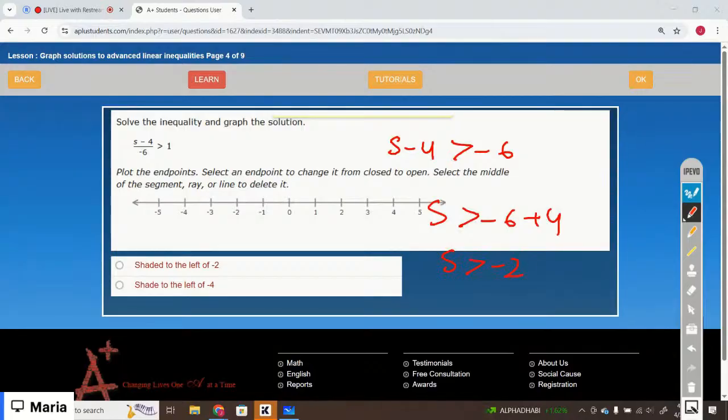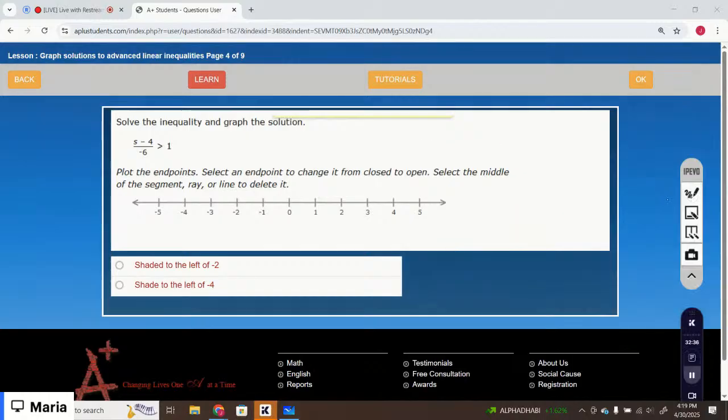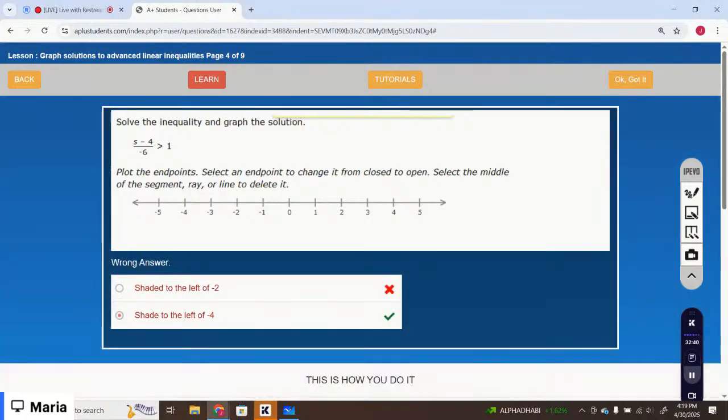S is greater than negative 2. Shade to the left of negative 2. Option number 1 is the correct option.